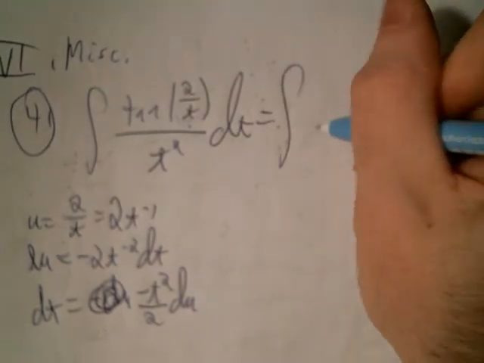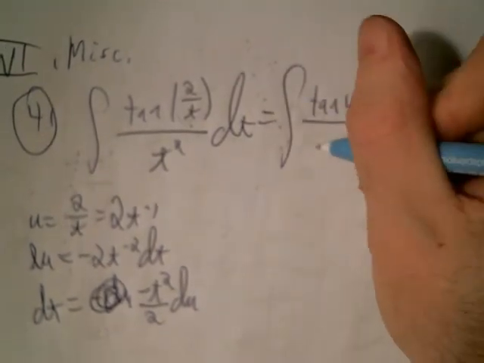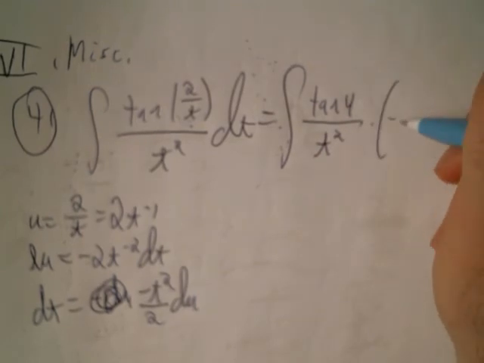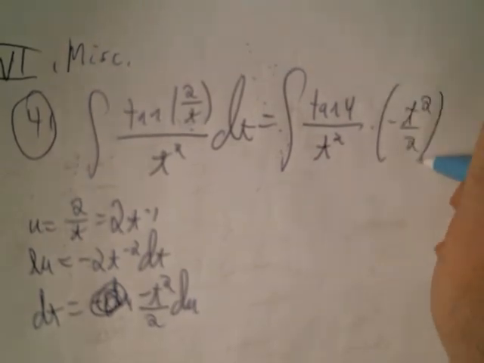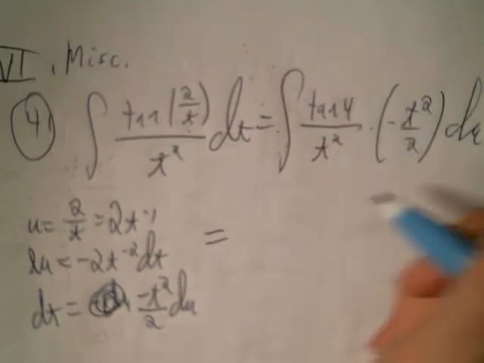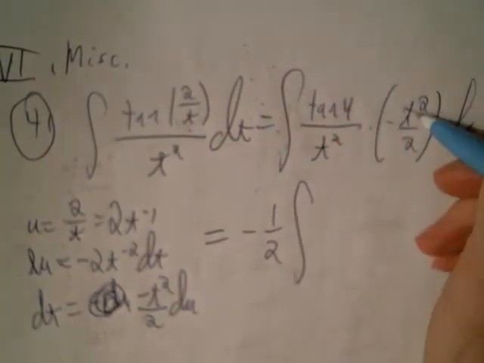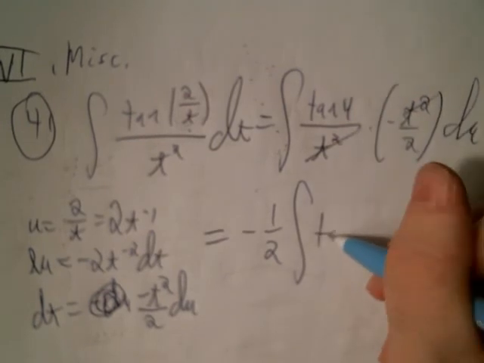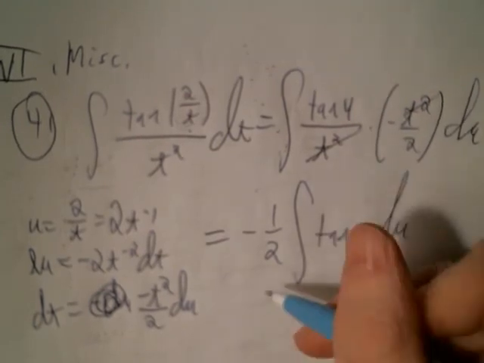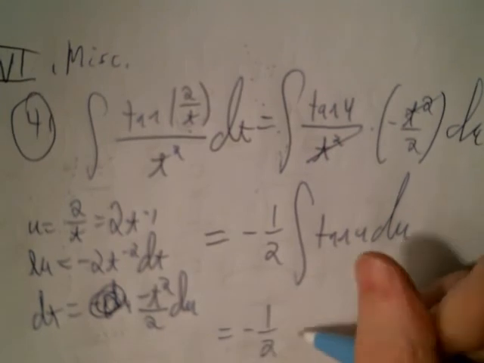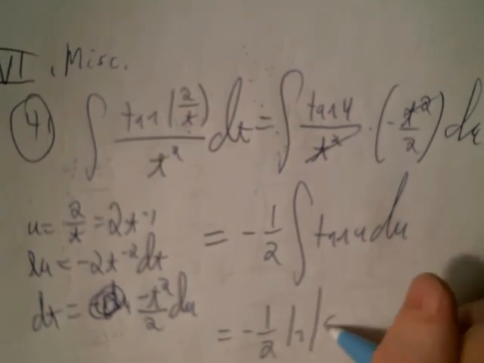Okay, so what do we got? We got the integral of the tan of u all over t squared times negative t squared all over 2 du. You can factor out then a negative 1/2. And you get the integral, the t squares cancel, the integral of tan u du. And then the integral of tan is just the ln of the absolute value of secant.